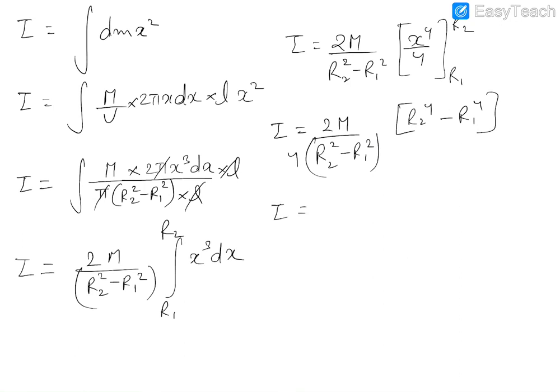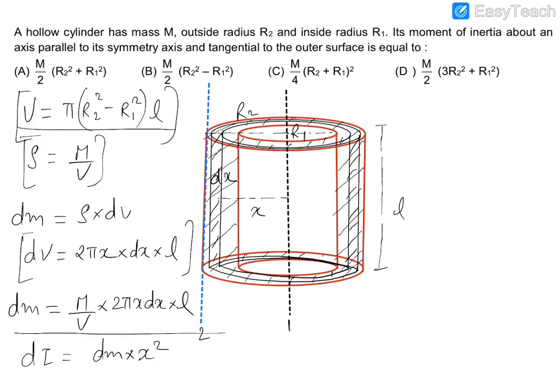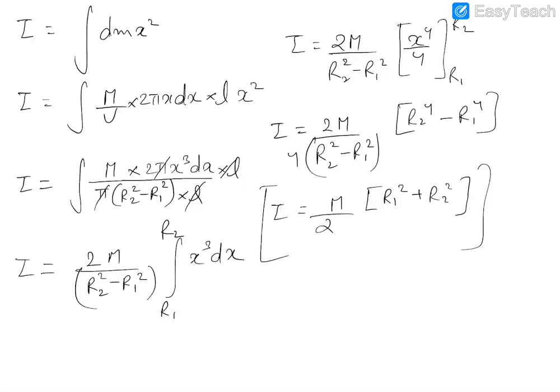So I will be equal to m upon 2 into this, and r2 to the power 4 minus r1 to the power 4 can be written as (r2 square minus r1 square) into (r2 square plus r1 square), and I will cancel out this term with this one. So the remaining term would be r1 square plus r2 square. So this is the moment of inertia of this hollow cylinder about central axis, axis number 1.